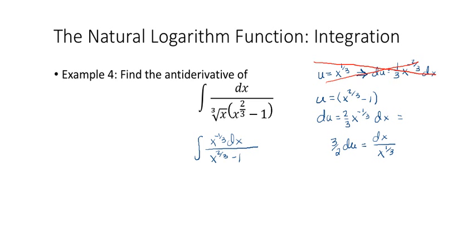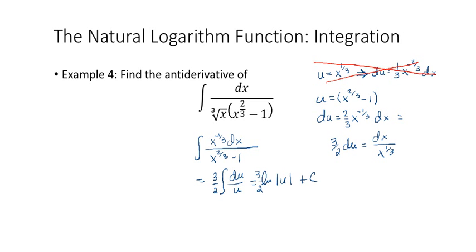And making the substitutions right here, that means we've got 3 halves, the antiderivative of du over u, which of course we know is our natural logarithm. So we've got the natural logarithm of the absolute value of u plus c.